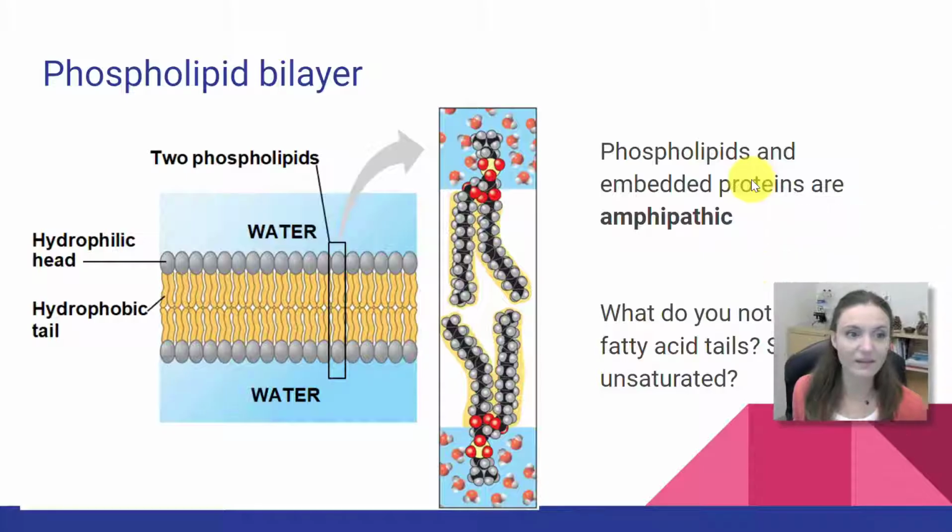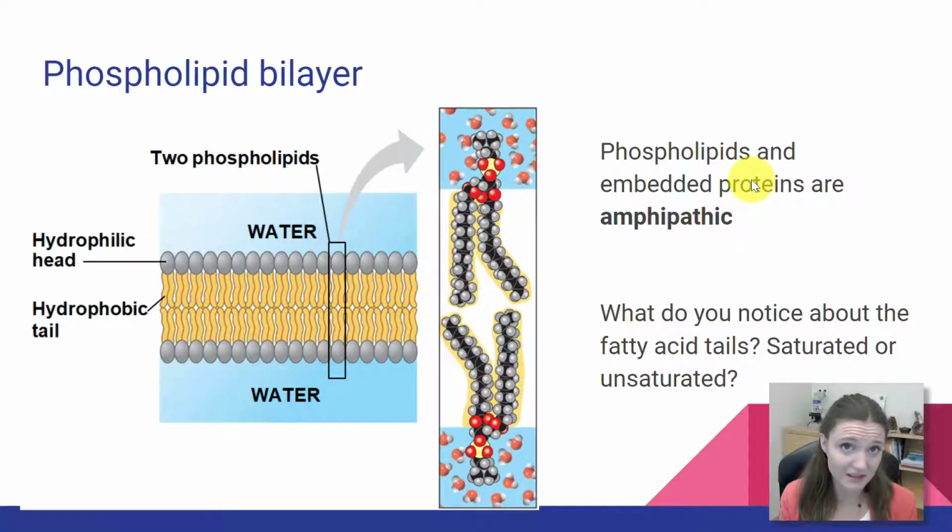Okay. So the main component of that phospholipid bilayer, of that fluid mosaic like we called it, is the phospholipid molecule. We've talked about this molecule a lot, and there's a reason behind that. Phospholipids are what we call amphipathic, meaning that they kind of have two lives.